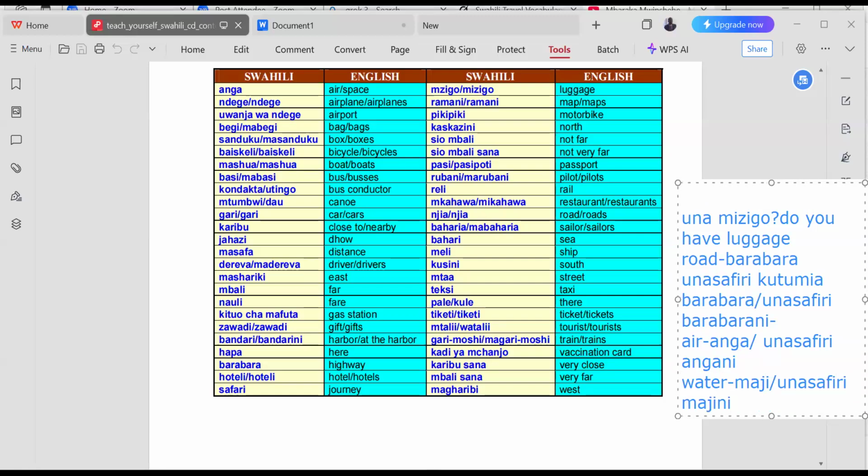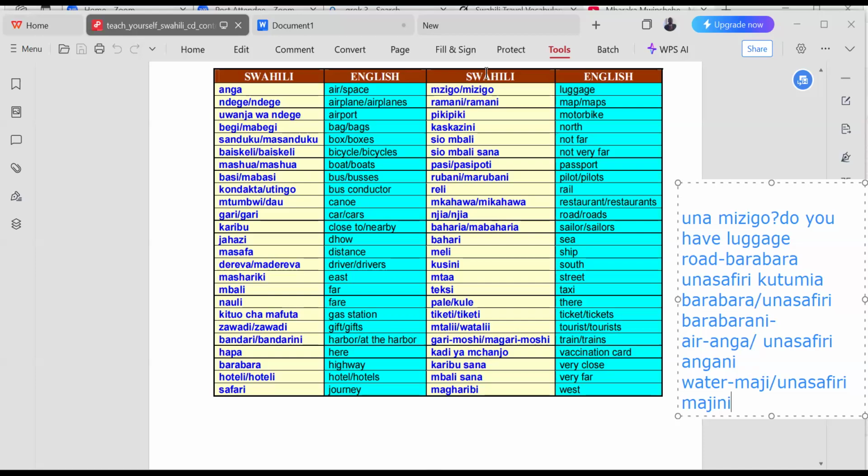It means you're traveling on water. Your mode of travel is via water, is majini. The ni, if you add it to maji, that ni at the end shows inside, in. That's why you say angani, in the space. Majini, in the water.